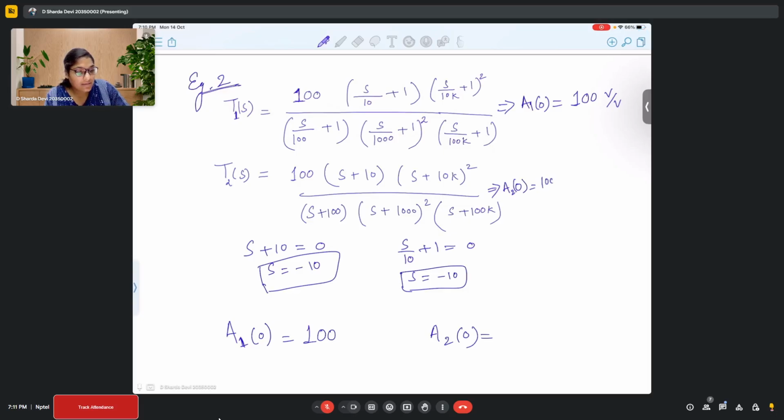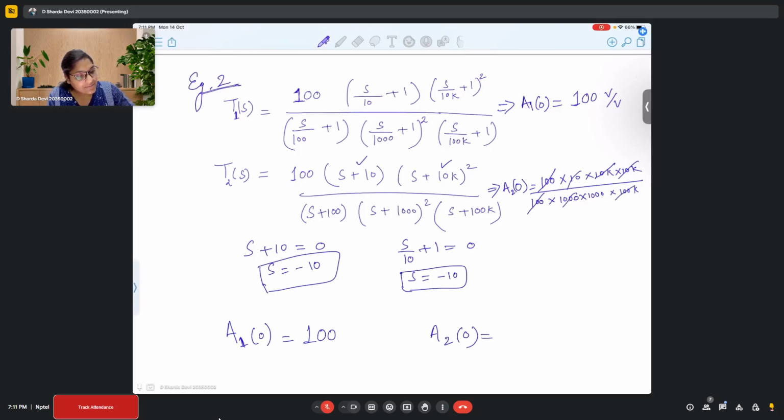It's 100 by 10k. So it is 100 into 10 that is coming from here. From here it is 10k square by 100 into 1000 square into 100,000. Right? This 100 cancels. So here it is 10k, 10k and 100k cancel.